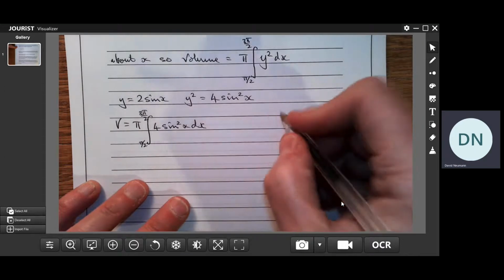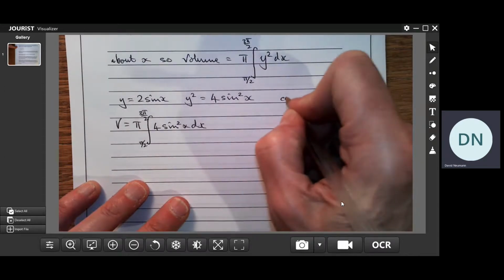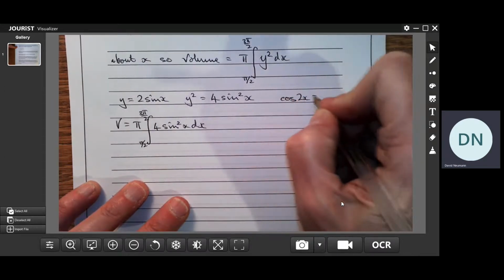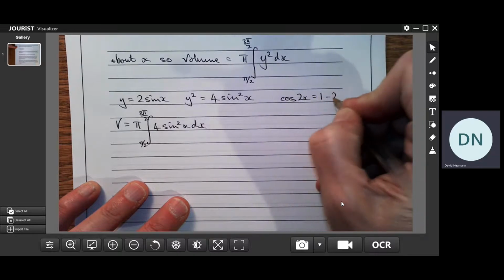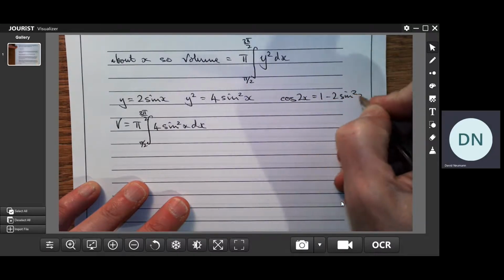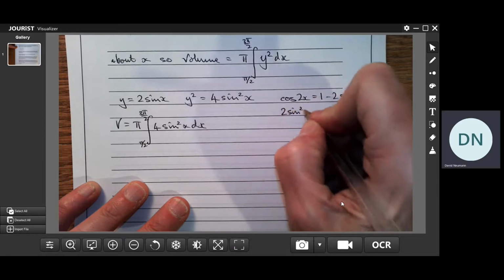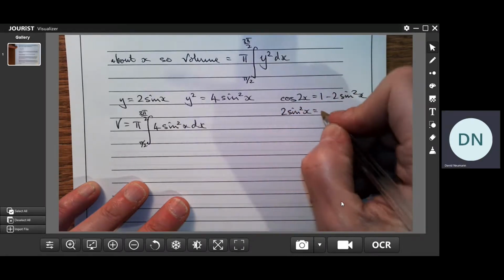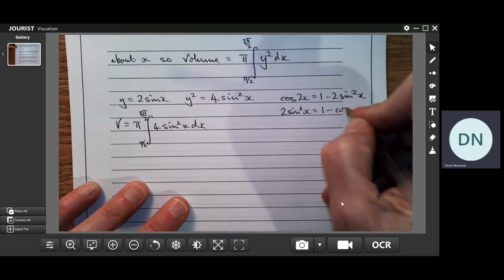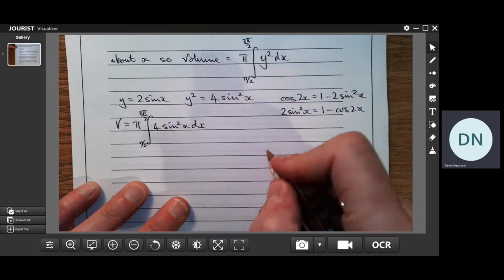So what we do is we use the trig identity cos 2x is equal to 1 minus 2 sine squared x. So 2 sine squared x is equal to 1 minus cos 2x.